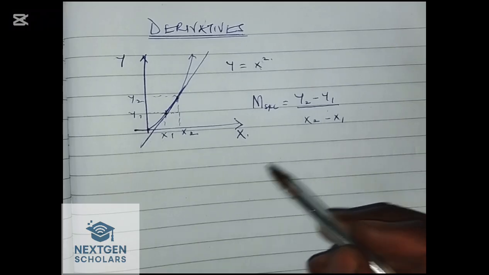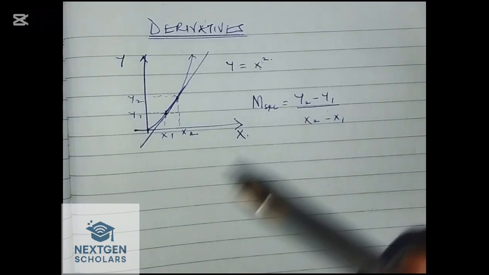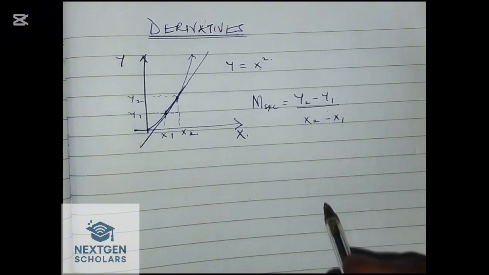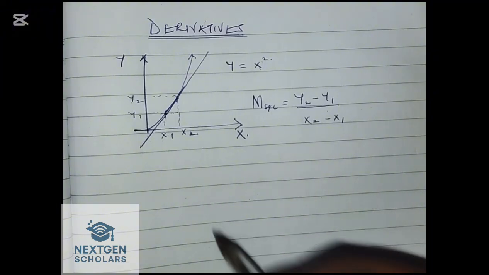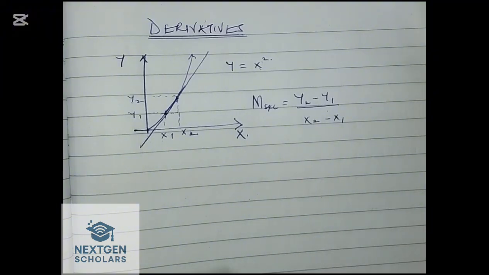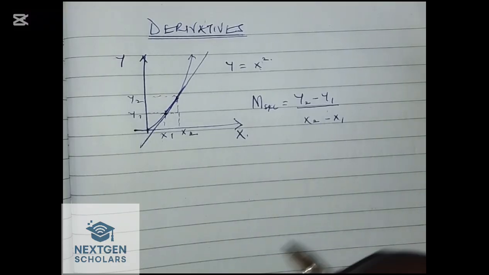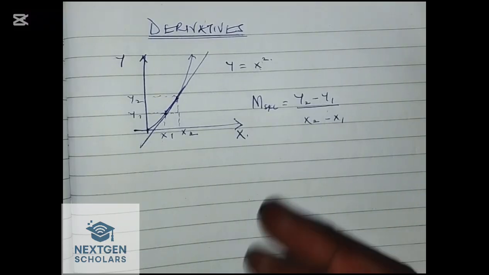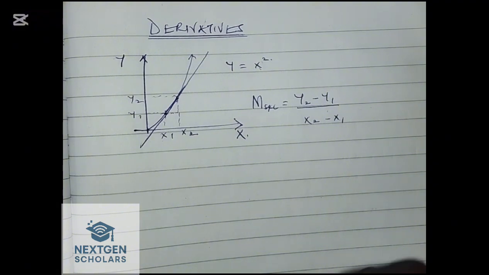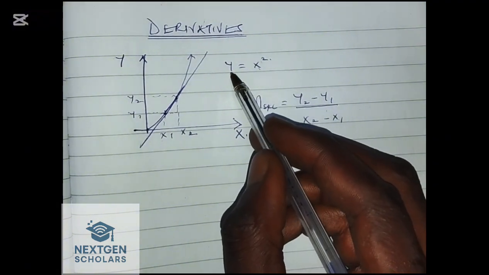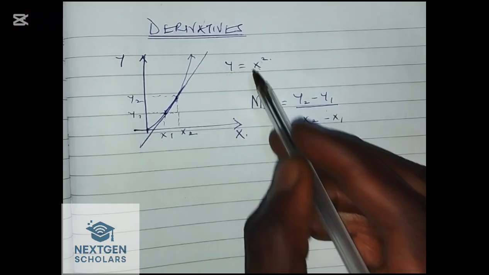According to our definition, we said the derivative is a function that gives us the slope of a tangent line of some original function. Now let us assume that this is our function y equals x squared.